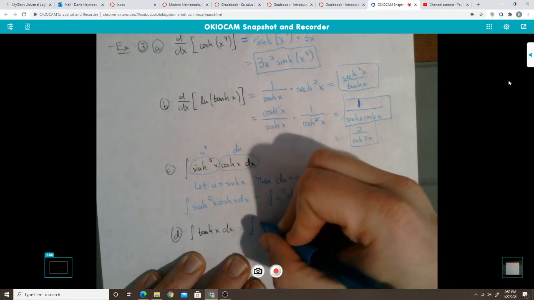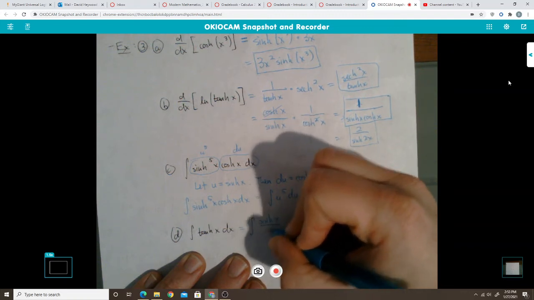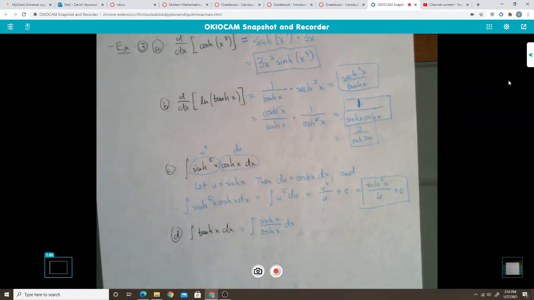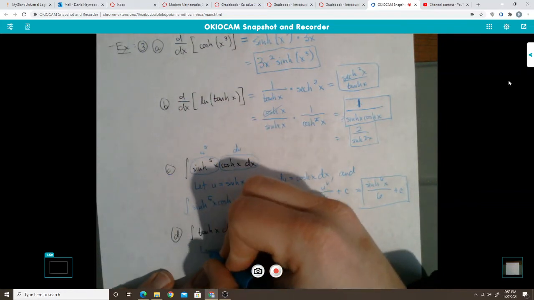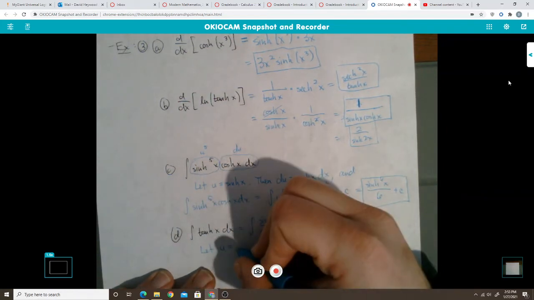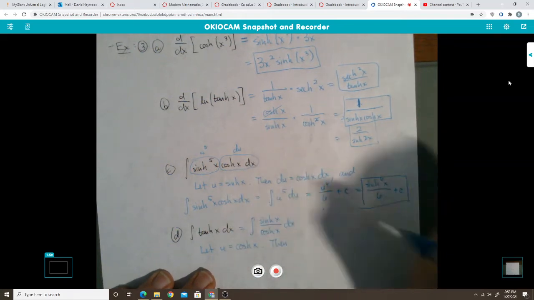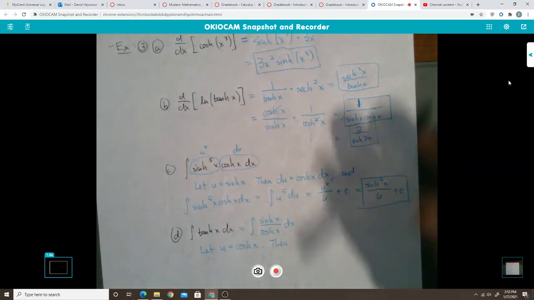Notice that tanh is sinh over cosh, and the derivative of cosh happens to be sinh. It's sitting right up there, so we'll do a u substitution, right? By the way, if you thought your days doing u substitutions were over, guess again.